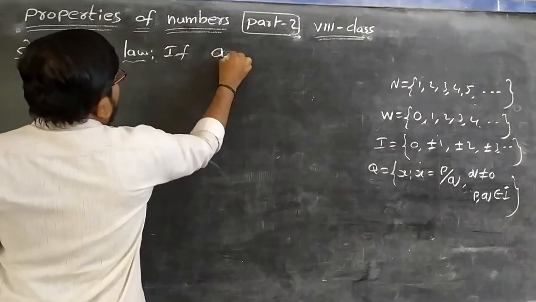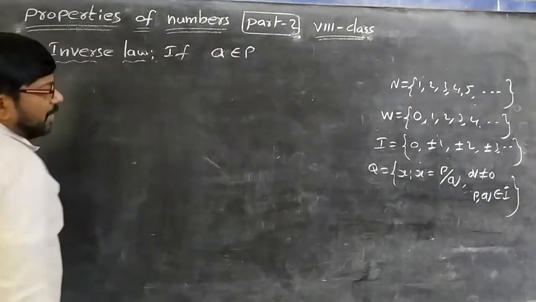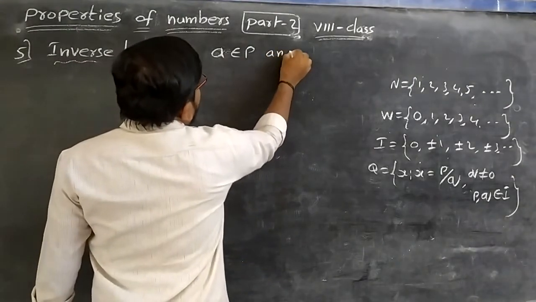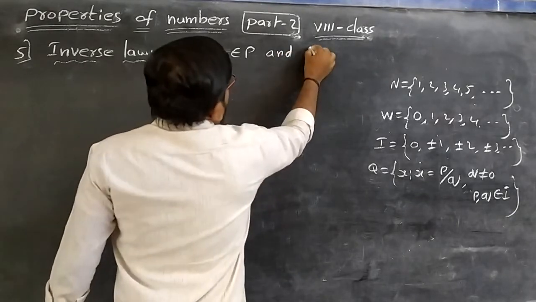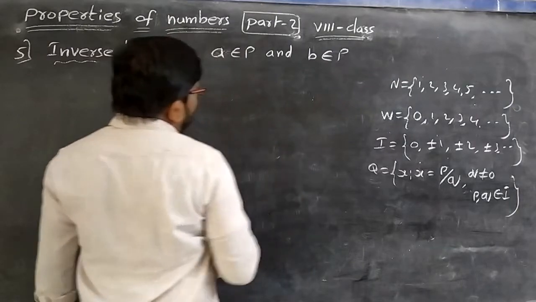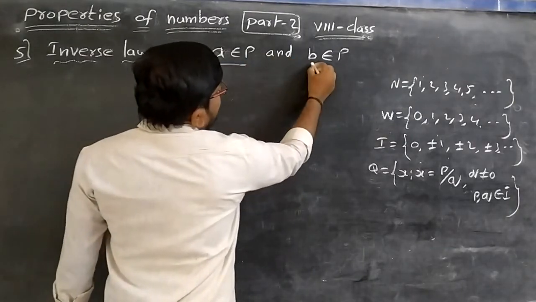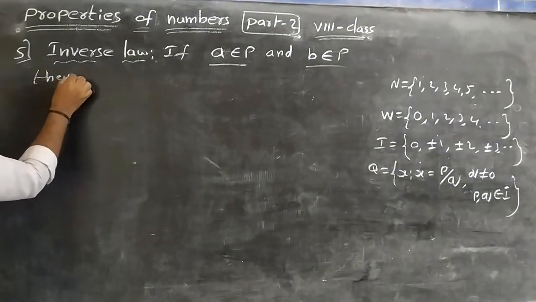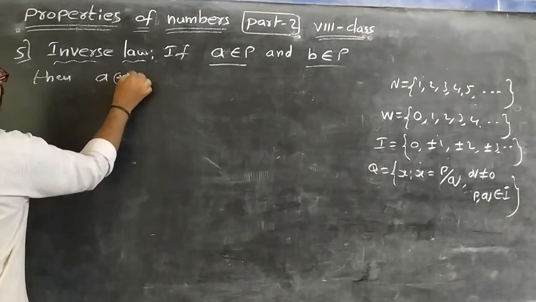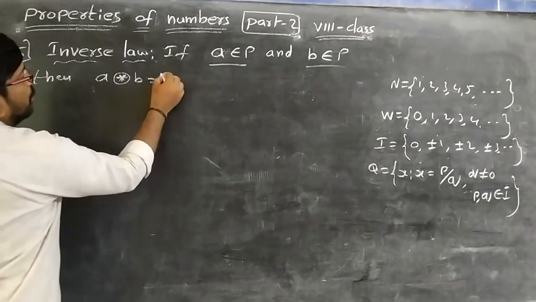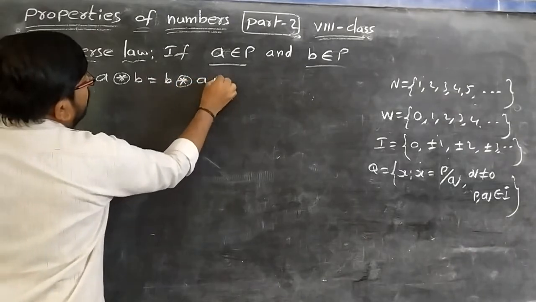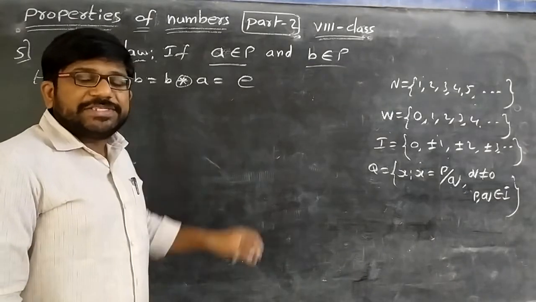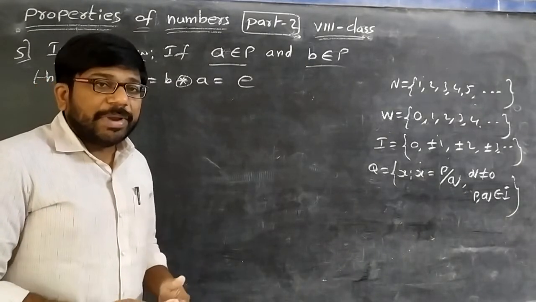If A belongs to P, any number A belonging to the set of numbers P, and there exists B also belonging to P, then A star B is equal to B star A is equal to E. We know very well what E is here: E is the identity element, right?